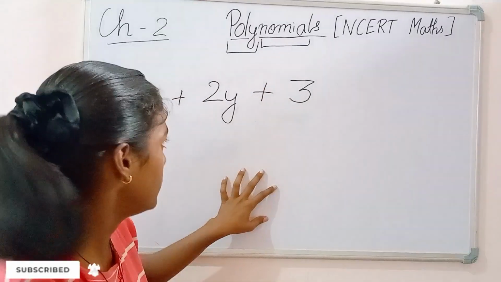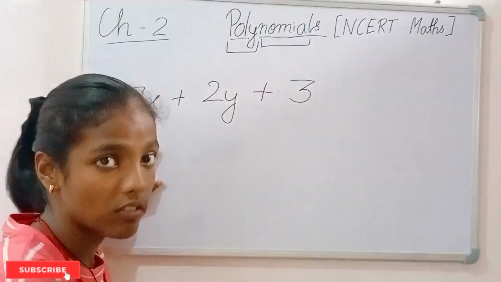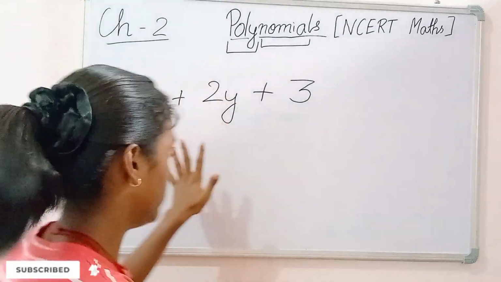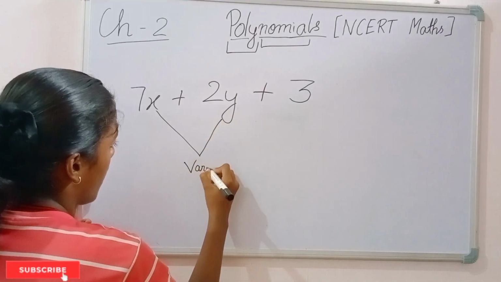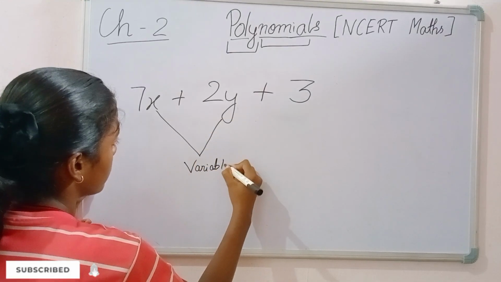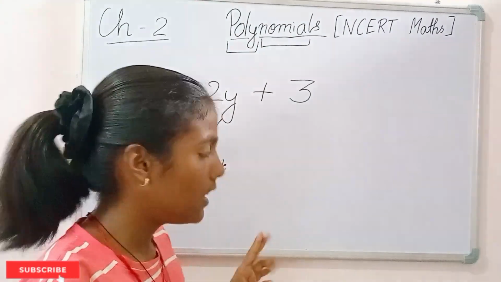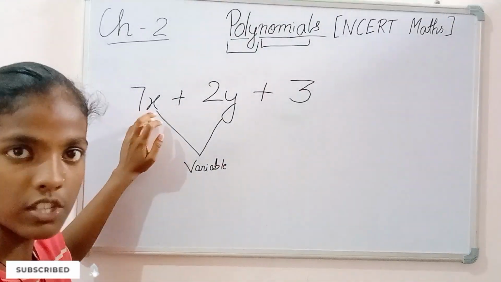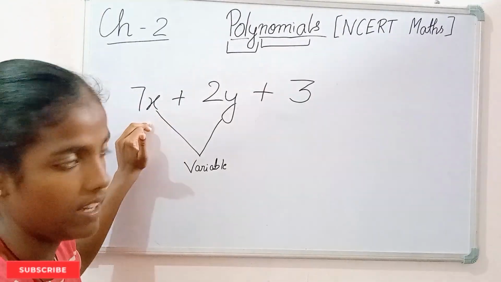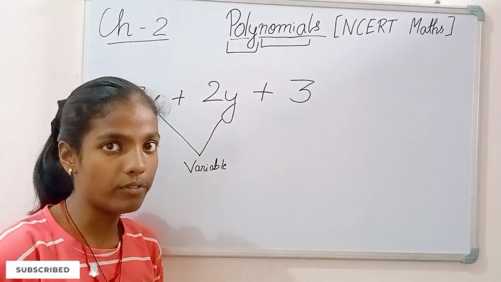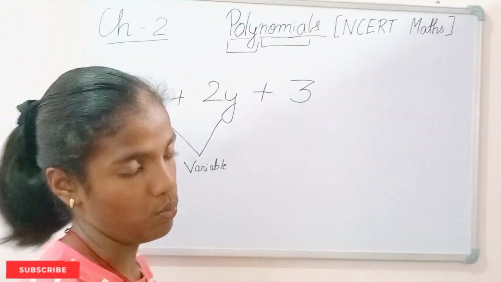The example is 7x plus 2y plus 3. I have already told you that variables are the alphabets. So here x and y are the variables and 7 and 2 are the coefficients. Here 7 is the coefficient of x, or the coefficient of x is 7. 2 is the coefficient of y, or the coefficient of y is 2.